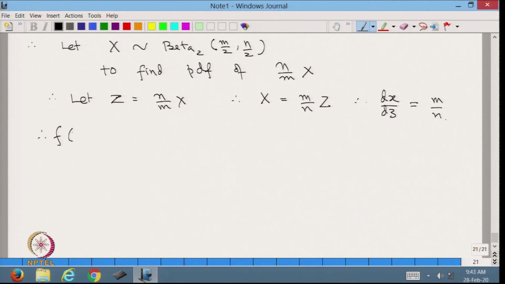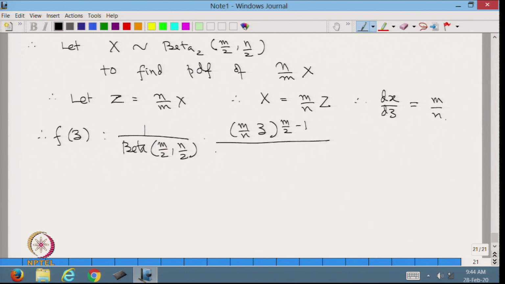Therefore, f of z, from the theory of single variable function, is 1 upon Beta(m by 2, n by 2) multiplied by (m by n z) to the power m by 2 minus 1 upon (1 + m by n z) to the power (m+n)/2 multiplied by m by n.